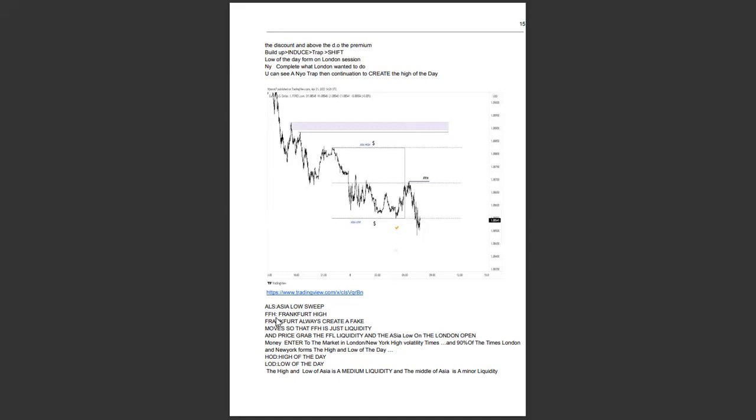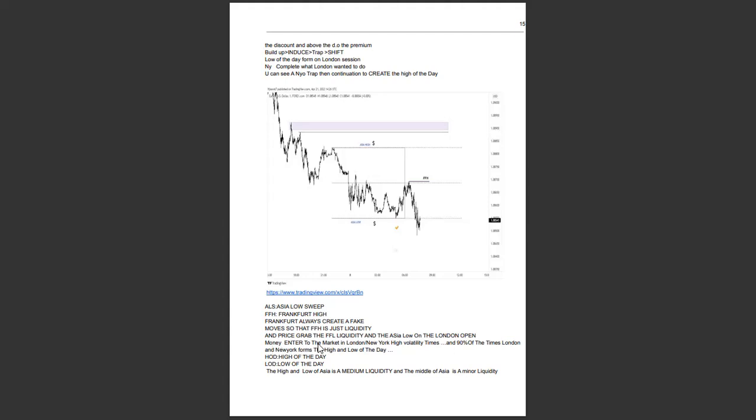Okay, these are terms: ALS is Asian low sweep, FFH is Frankfurt high. Frankfurt always creates a fake move, so the Frankfurt high is just liquidity, and the price grabs the Frankfurt low liquidity and the Asian low on the London open.